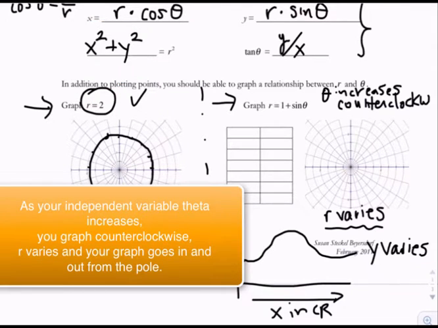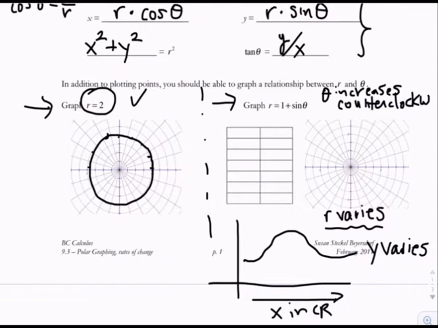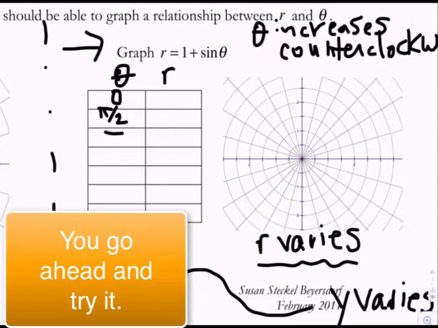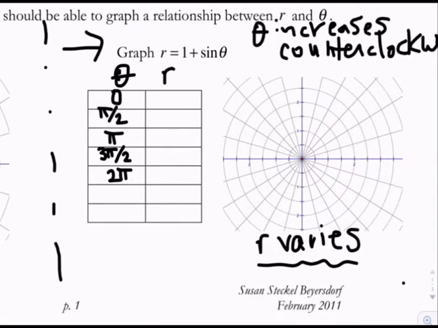So I want you to make a table of values, and it's probably best just to start with theta and r. Start with some easy ones. Start with theta is 0, maybe pi halves, pi, 3 pi halves, 2 pi. So go ahead and fill this in.